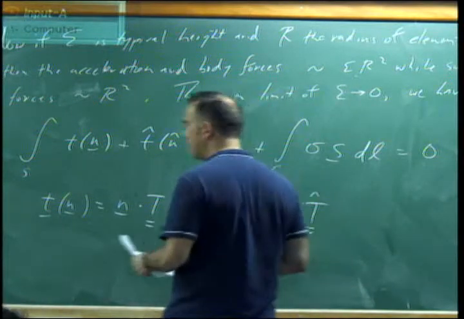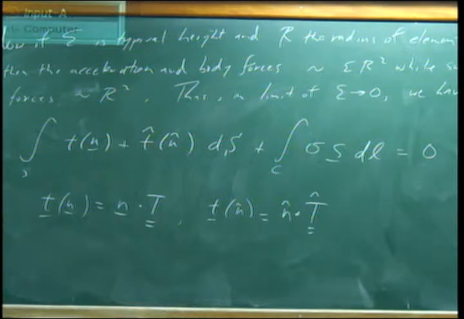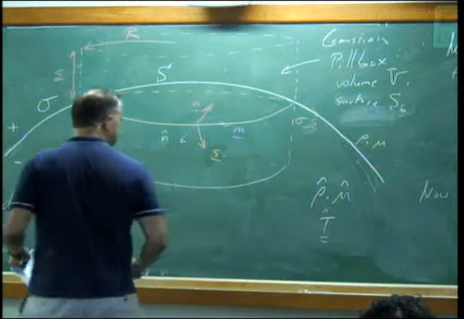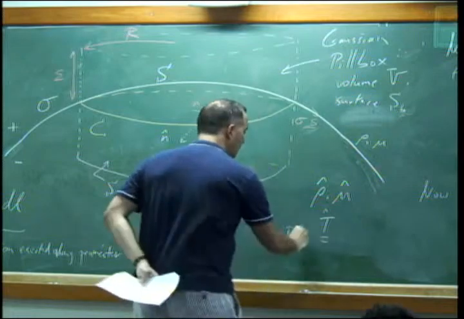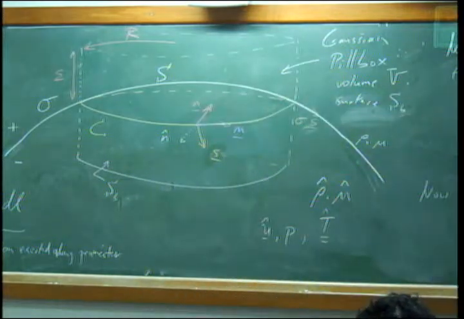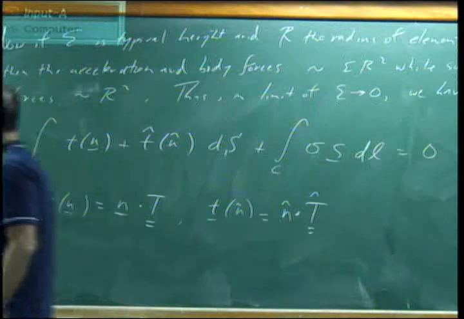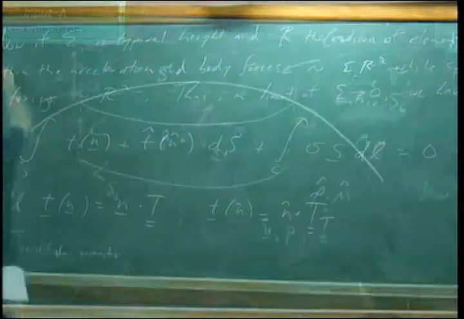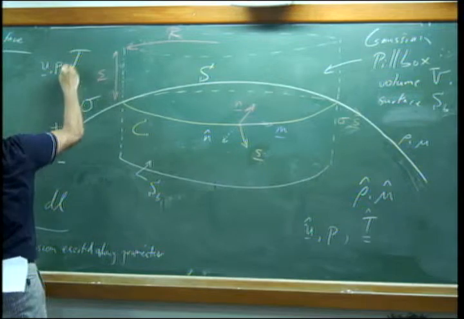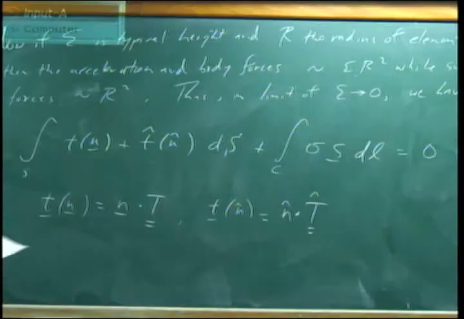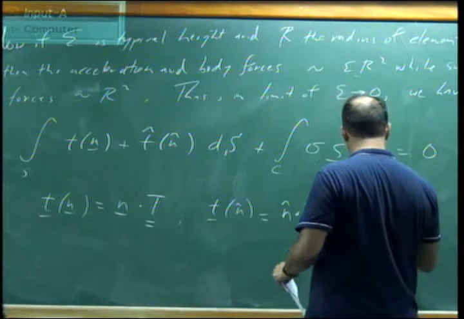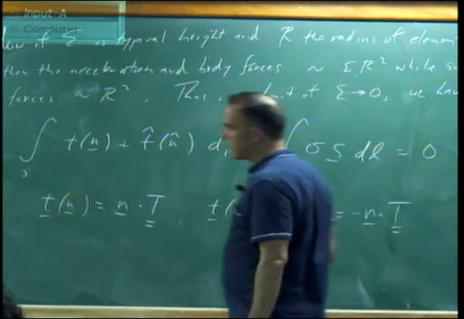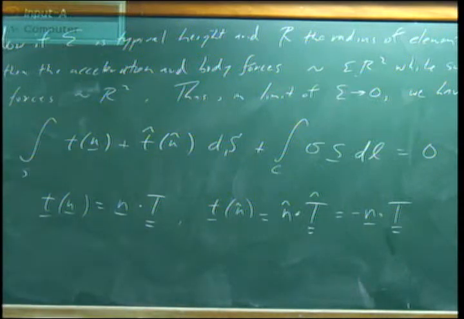That's the stress tensor below the interface. And up here we have the velocity field, pressure field, and stress tensor. Because n hat is just minus n, we have this. So we see that just from the geometry.